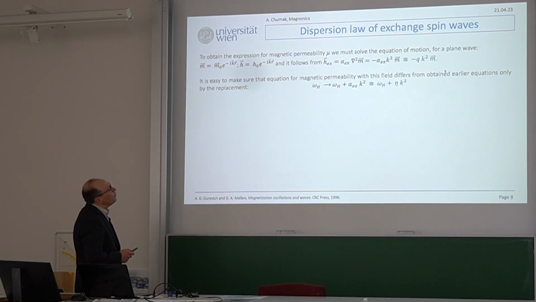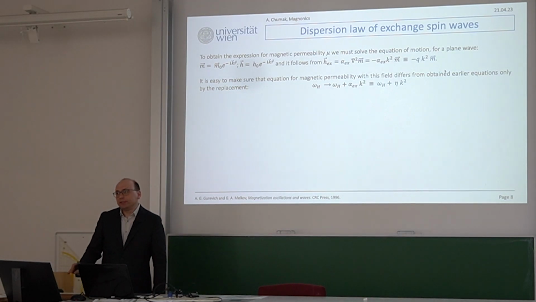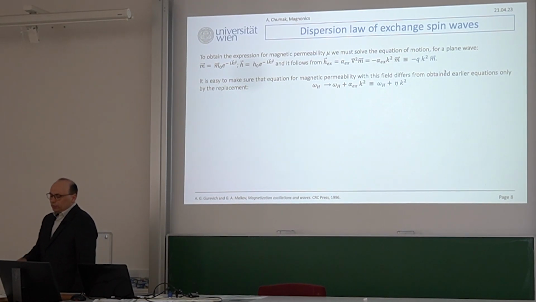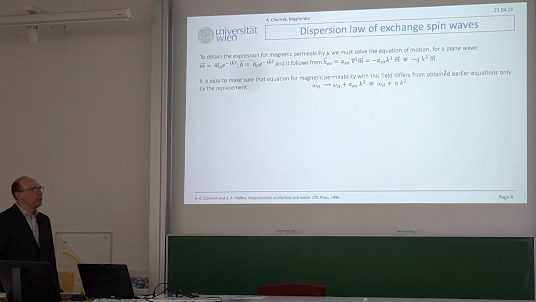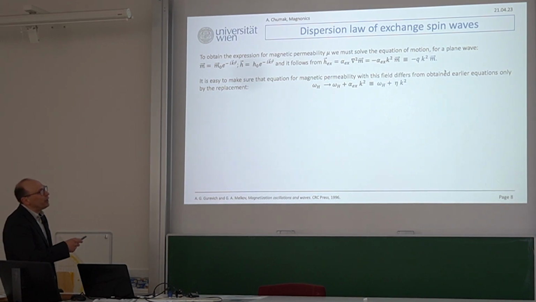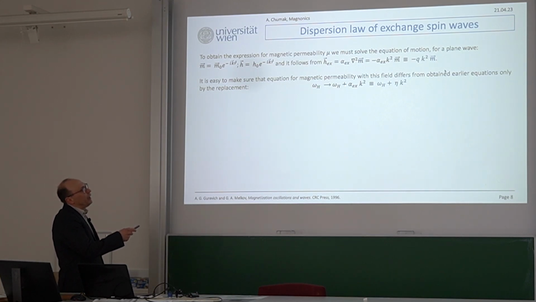And then what you can do, again like we did with damping, we don't want to solve Landau-Lifshitz from the beginning, don't want to get the Polder tensor. Instead, you can replace our resonance frequency omega H with omega H plus alpha exchange k squared.